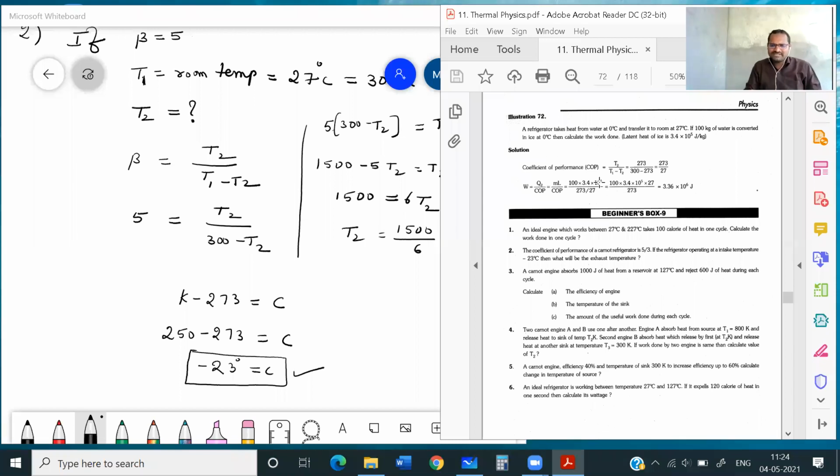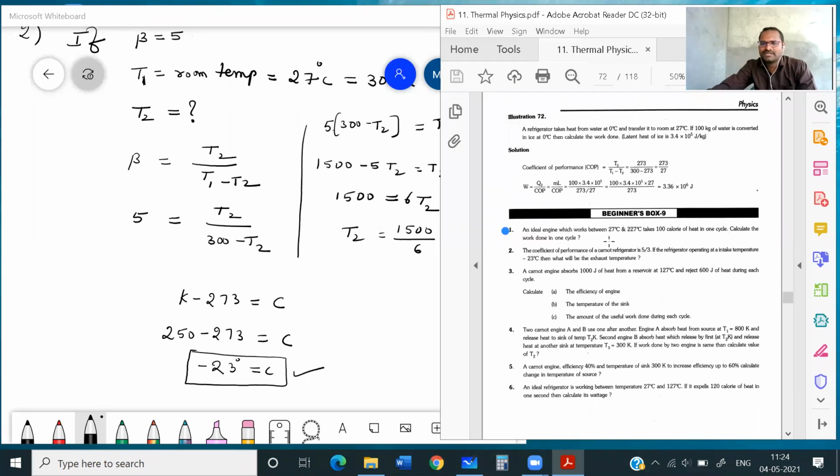Yes, beginner box 9, question number 1. Once you read it, the question is an ideal engine which works between 27 degrees centigrade and 227 degrees centigrade takes 100 calories of heat in 1 cycle. Two temperatures are given and how much heat energy it is absorbing is also given.